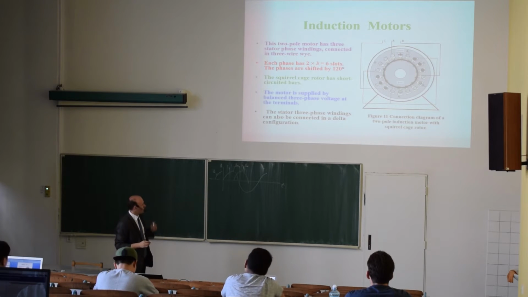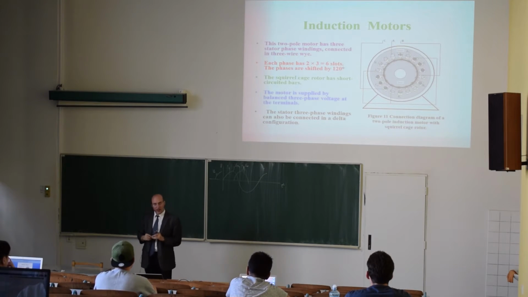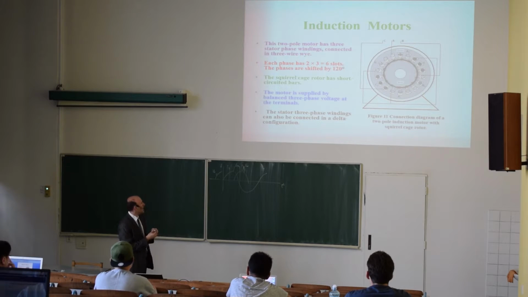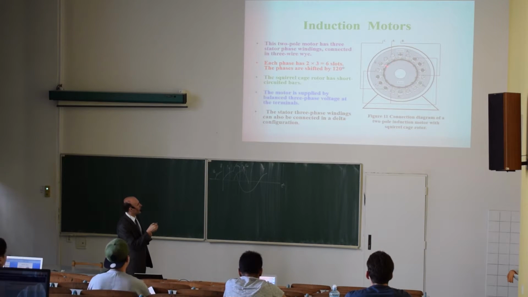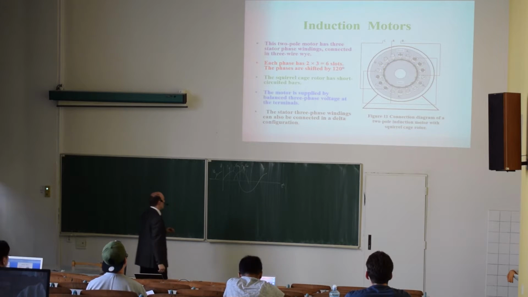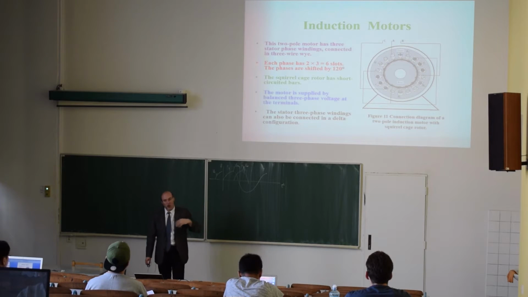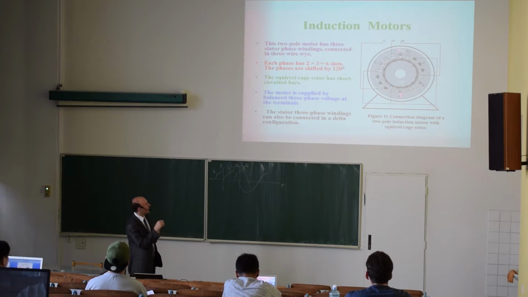A sinusoidal voltage will create a sinusoidal magnetic flux. So if I would have only a magnetic flux or only a voltage in, let's say, winding A over here and over here, I would create a magnetic flux that follows the sinusoid with the same frequency, but it will only be moving up and down.